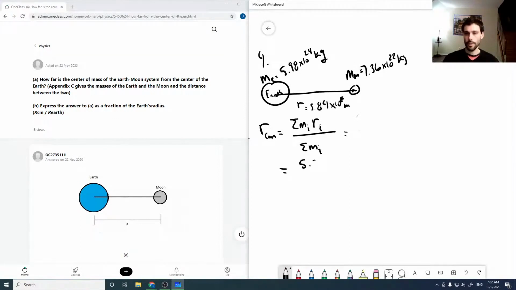So 5.98 times 10 to the 24, times 0 because it's at the origin, plus 7.36 times 10 to the 22 kilograms times this 3.84 times 10 to the 8 meters.